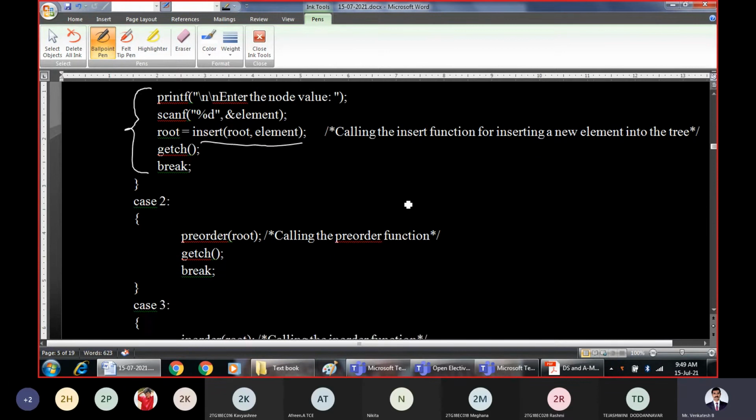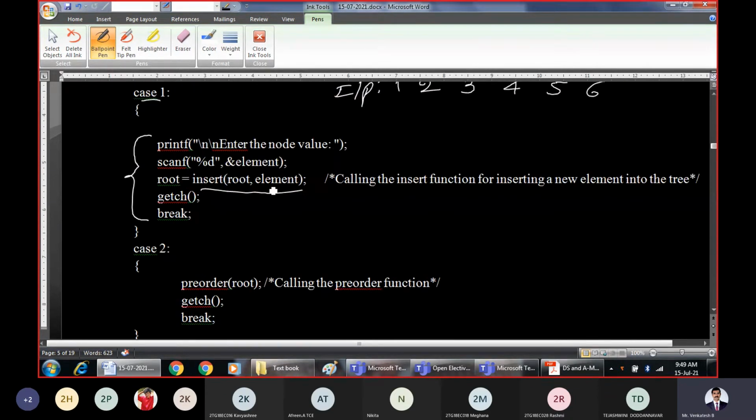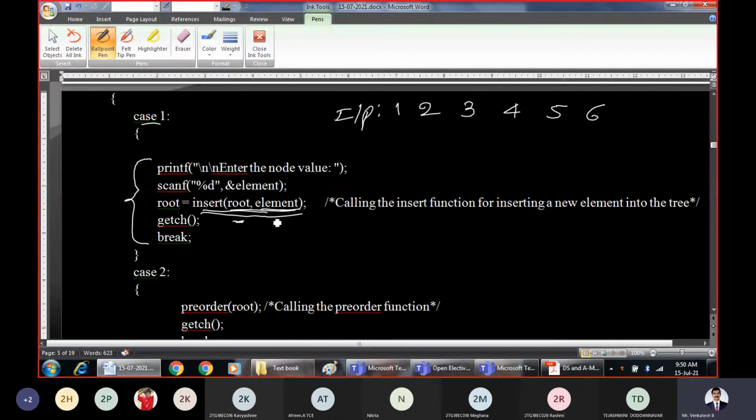Whenever the insert function is called, every time we pass one element as a parameter, root along with the element. For the first call, the element will be 1. For the second call, the element will be 2. For the third call, the element will be 3, and so on.